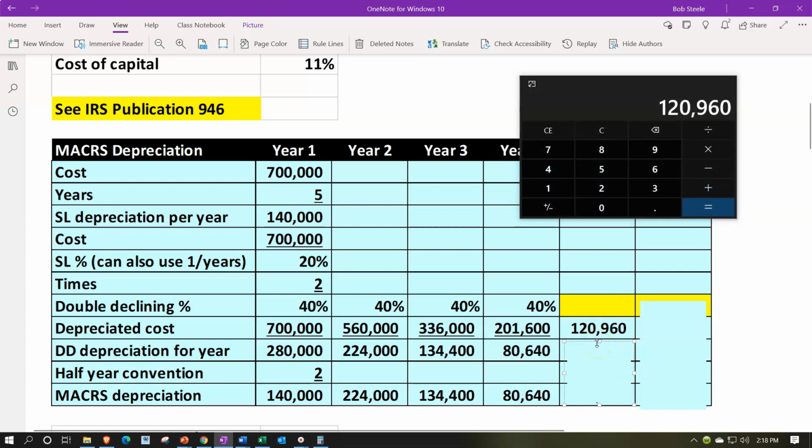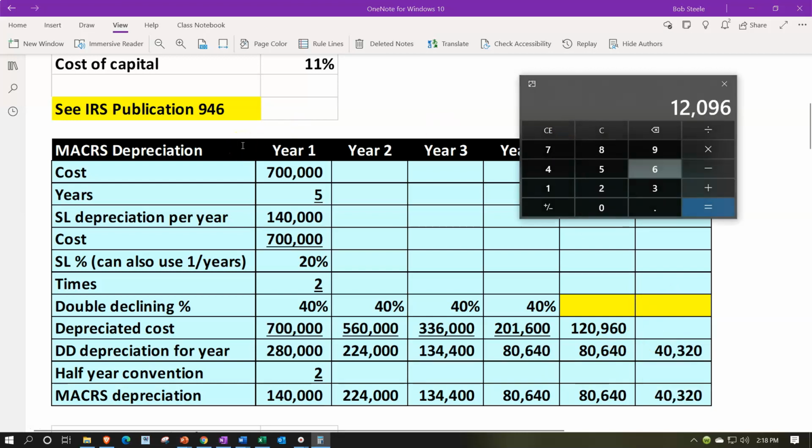But instead of multiplying that by 40%, we're just going to mirror the same 80,640 because they use the same rate in the code there. I'm just going to mirror that to get a closer approximation. You can see how the double declining half-year convention is being tweaked a little bit for the tax code. Finally, if we take the 120,960 minus the 80,640, the last year's the plug, as is typically the case with double declining balance, to give us that last amount.